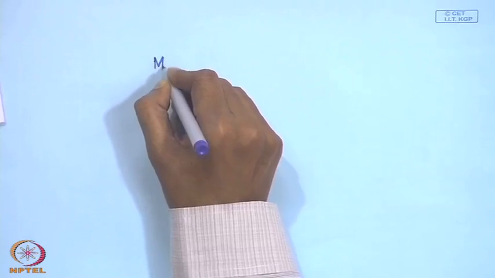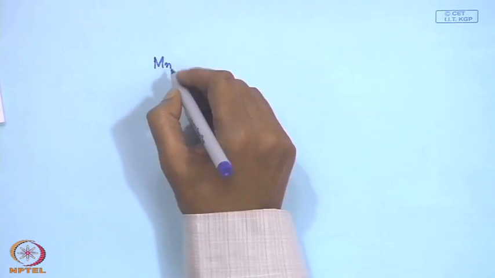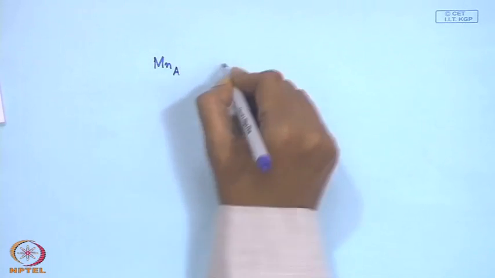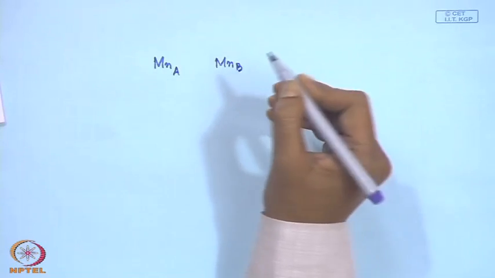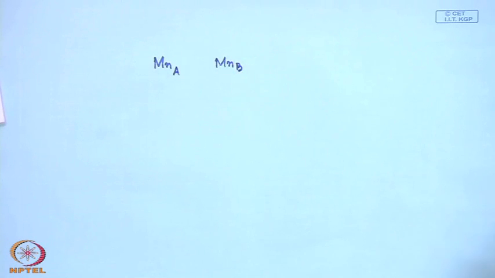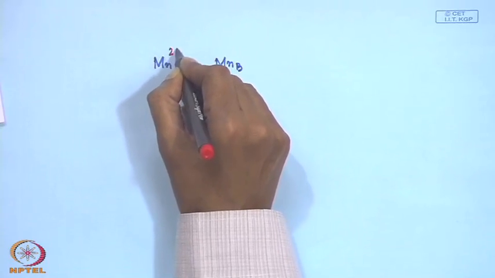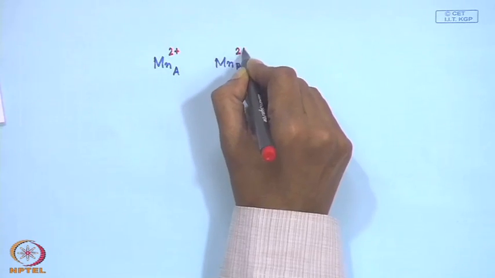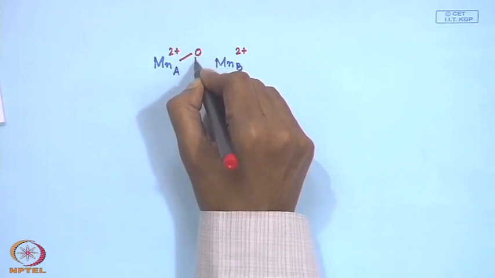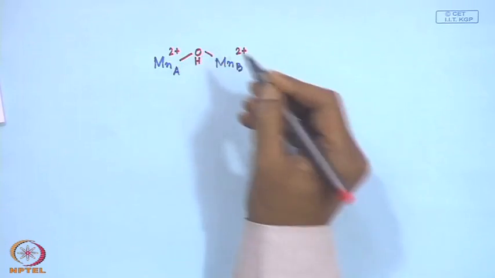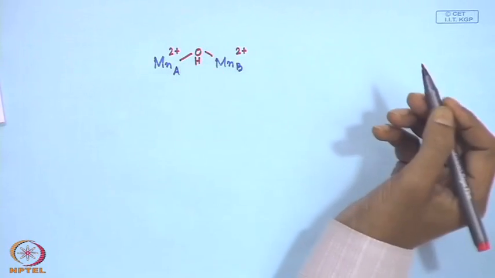So, next day we will see the entire catalytic cycle where the binding of the substrate would be important, and we will have manganese A as well as manganese B for this binding, and both these two sites are in the +2 oxidation state, and already we know that we have this particular OH function, OH groups.